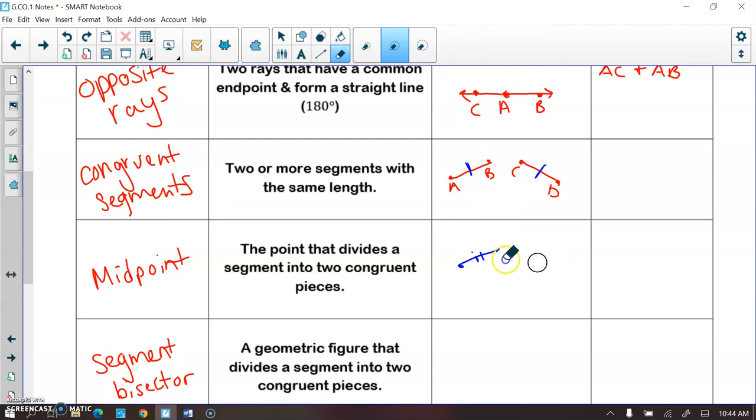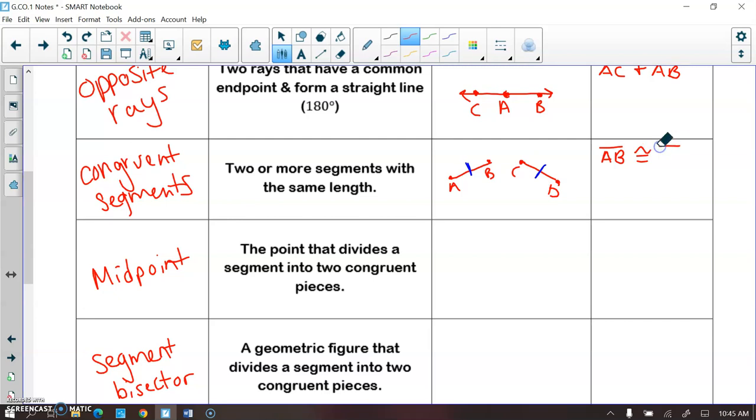To notate that these are congruent, you would say segment AB is congruent, so it's an equal sign with a squiggly above it, to segment CD. Now, if you want to say that they're equal, you would say AB is equal to CD.